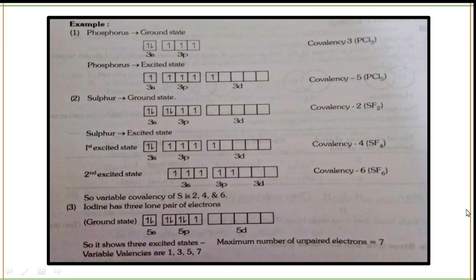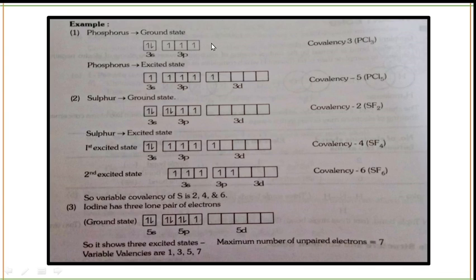For example, as you can see here on the screen, number one example is phosphorus. First of all, you need to write the electronic configuration of phosphorus. Now you have to make the different orbitals of phosphorus, and when you fill the electrons in, you will see that the 3s orbital has paired electrons while 3p has unpaired electrons.